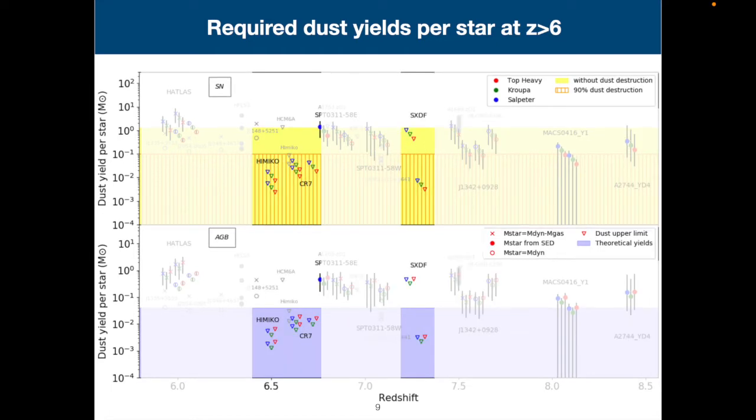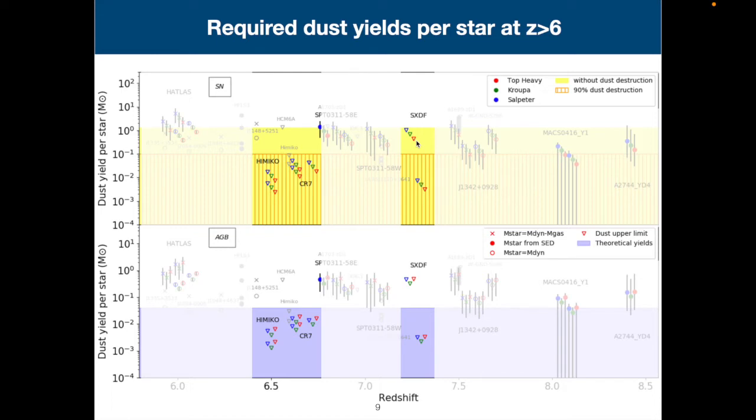For the remaining galaxies, let's say these three, Himiko, CR7 and SXDF, we have only information about upper limits for the mass of dust, so we cannot rule out either supernovae or AGB stars as dust producers.